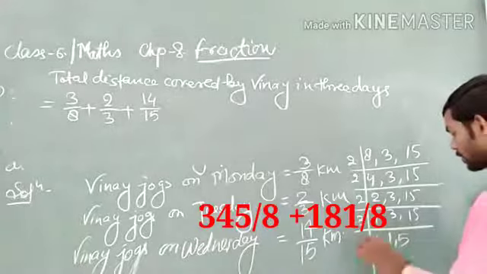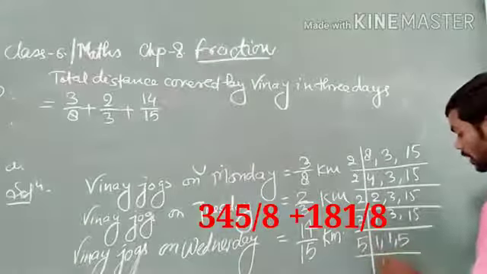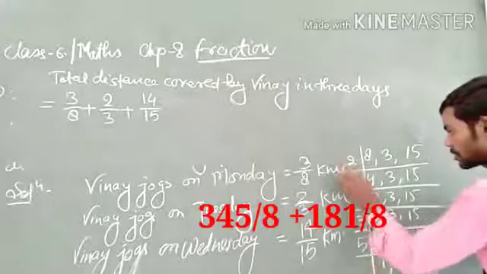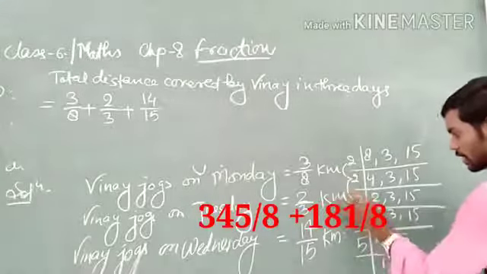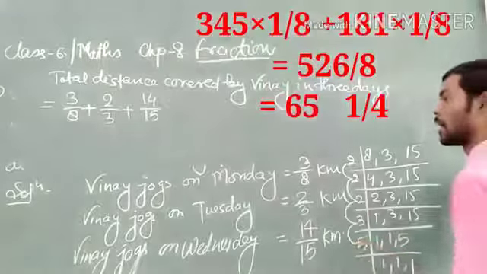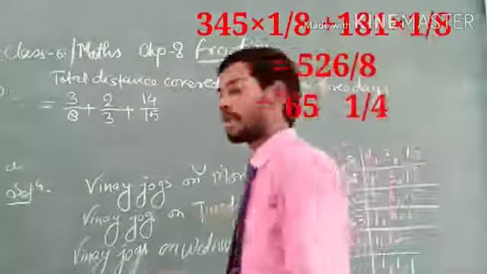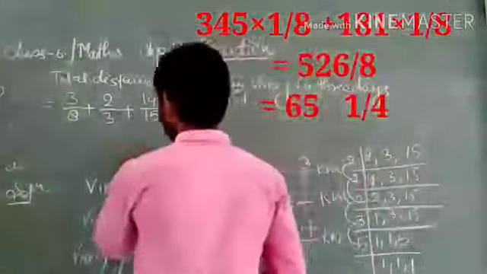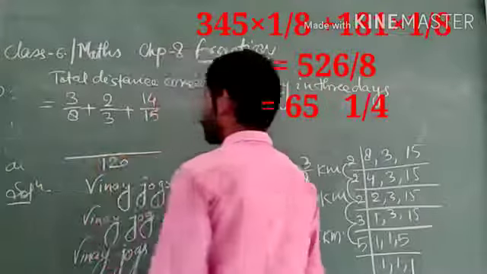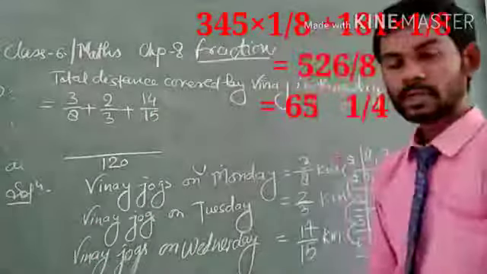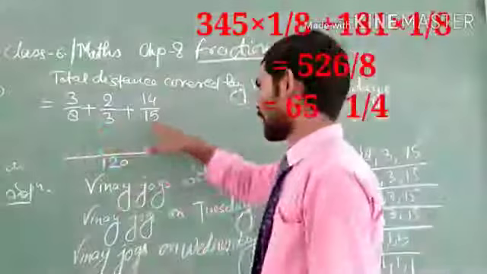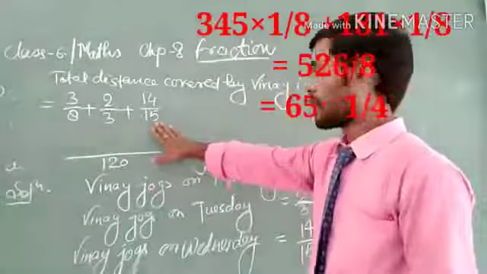Now we divide by 5, and get 1, 1 and 1. So here we get 2 twos are 4, 4 twos are 8, 8 threes are 24 and 24 fives are 120. The LCM of 8, 3 and 15 is 120.